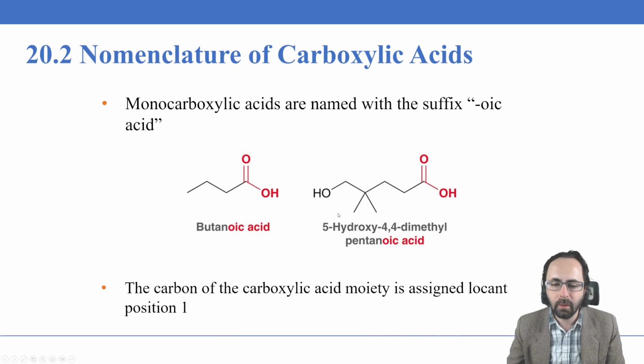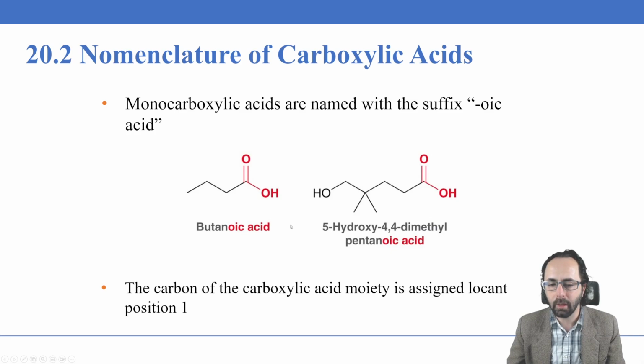In terms of the naming, one thing about a carboxylic acid is that it's always going to be situated on a carbon at the end of a chain, because it ends a chain in such a way that you have a carbon double bonded to oxygen, which is also bonded to oxygen, which is bonded to a hydrogen.